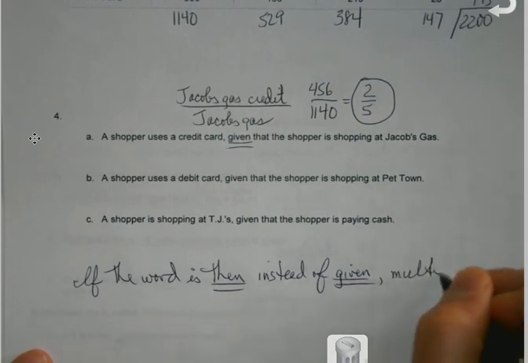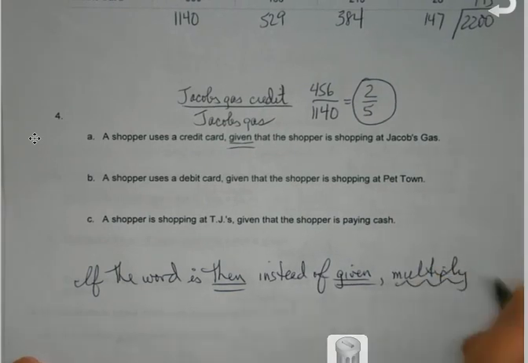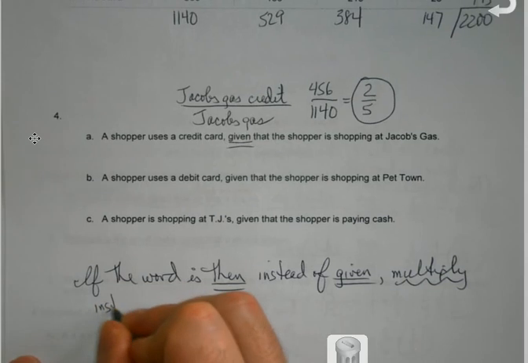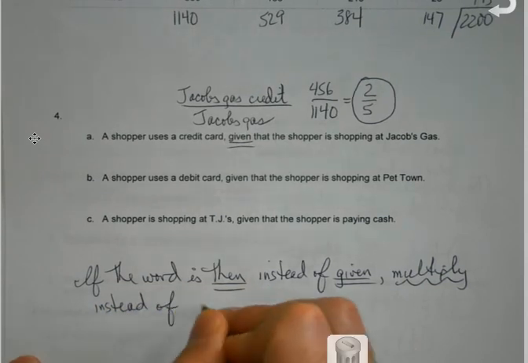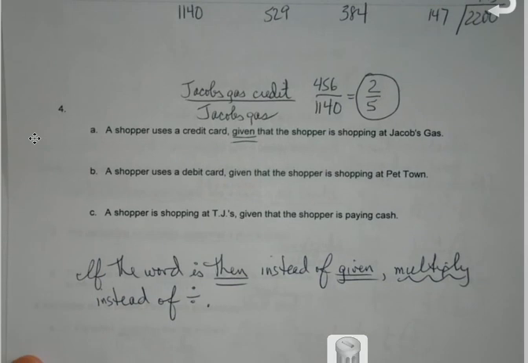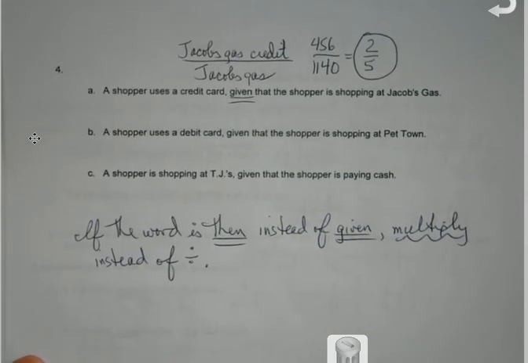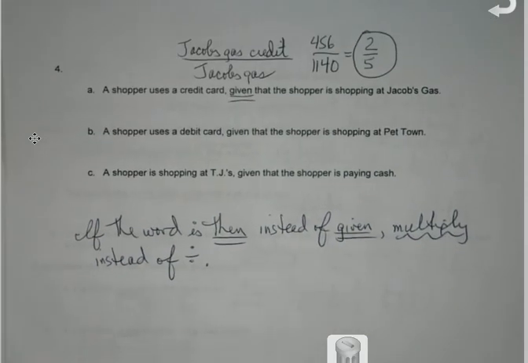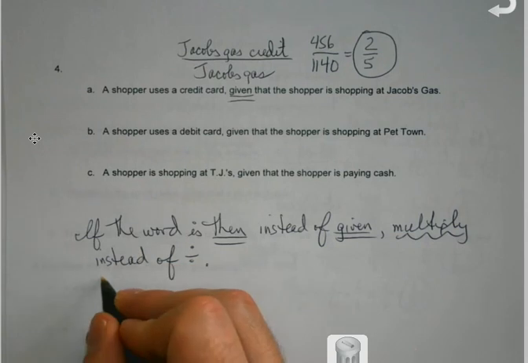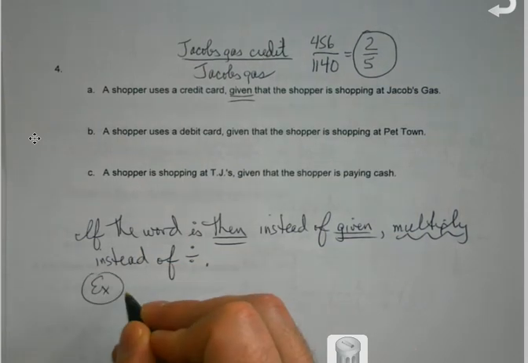You are going to multiply instead of dividing. And I'm just going to give you one example of what you could get down here with that, and then I will be done.